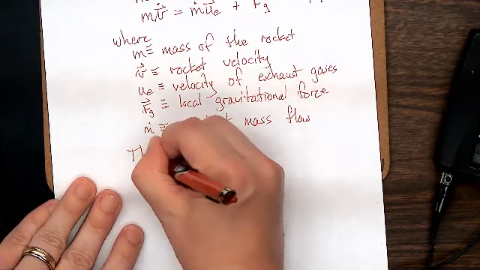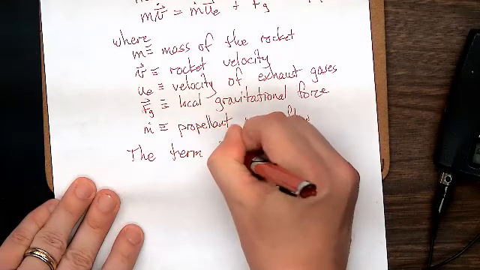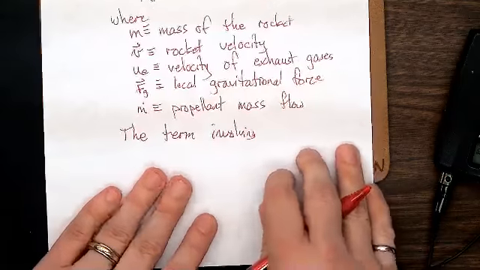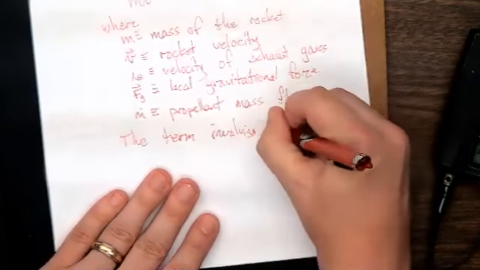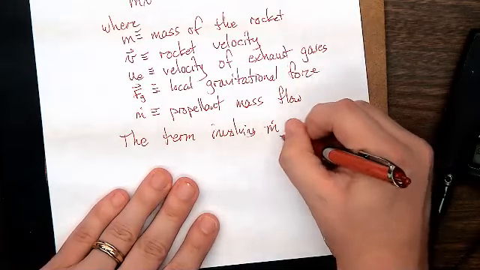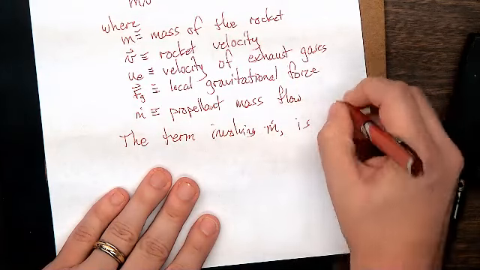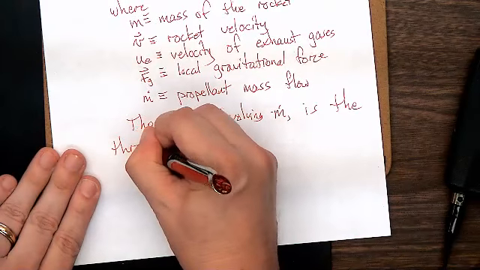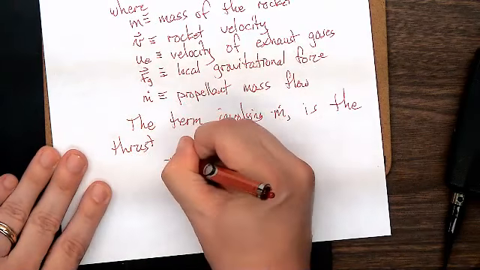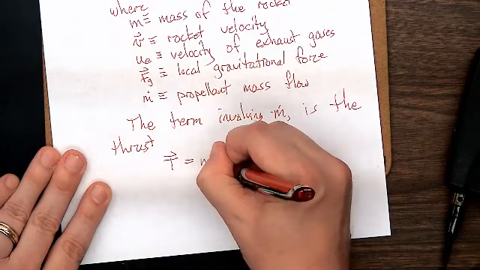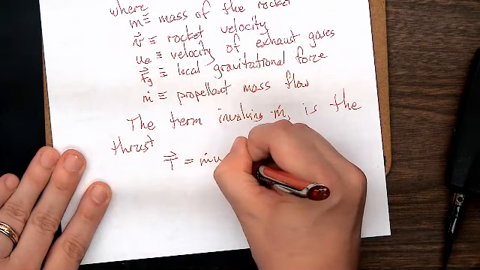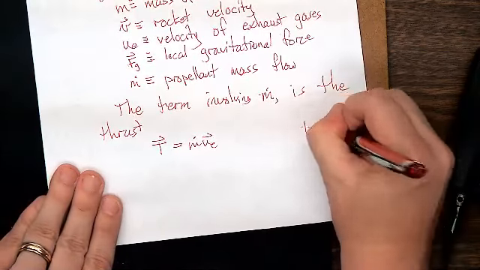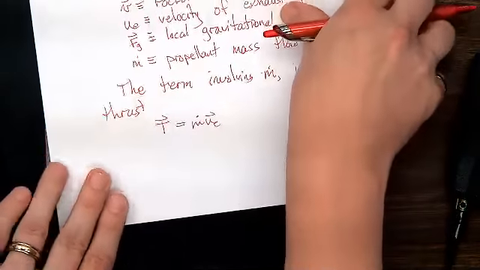The term involving the mass flow rate, M dot, is the thrust. So the thrust vector is equal to M dot times the exit velocity vector. This is equation 1-2.